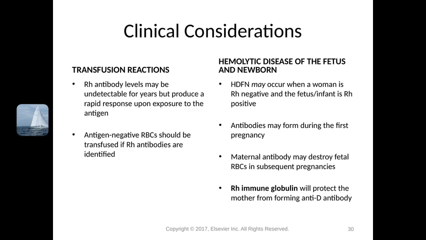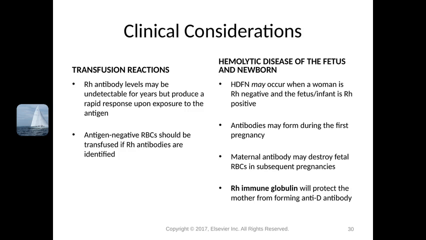The Rh blood group can also cause hemolytic disease of the newborn, or hemolytic disease of the fetus and newborn. This can occur when a mom is Rh negative and the baby is Rh positive. We can form antibodies upon first exposure to a fetal maternal hemorrhage or any type of bleed during the first pregnancy.